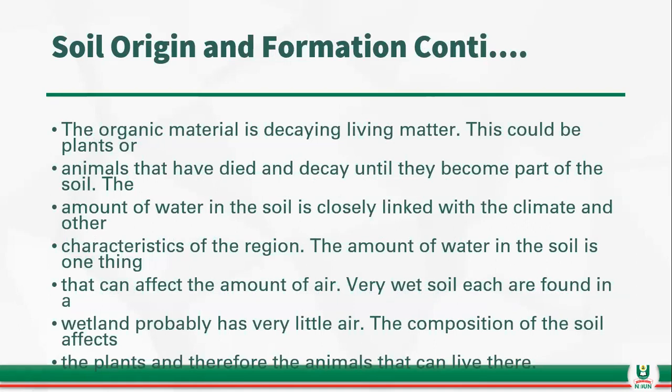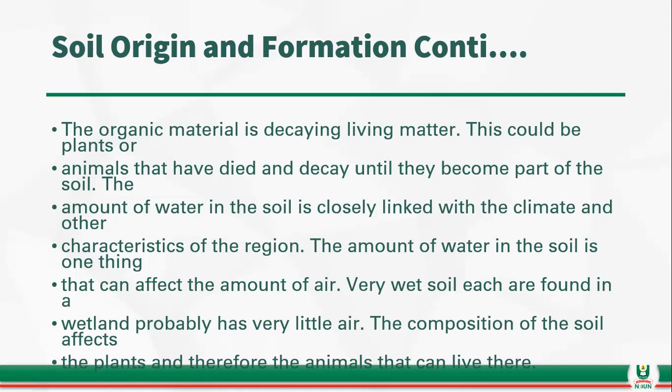The organic material is decaying living matter, and this could be plants or animals that have died and decayed until they become part of the soil. The amount of water in the soil is loosely linked to the climate and other characteristics of the region.